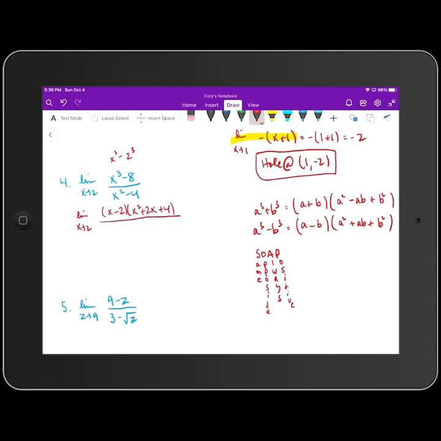Again, that's a minus b times a squared plus ab plus b squared. And then that denominator is the difference of 2 squares, so that is going to factor to x minus 2 times x plus 2. And again, we see that that rational function is not in lowest terms because we're able to cancel that factor of x minus 2 in the numerator and denominator.